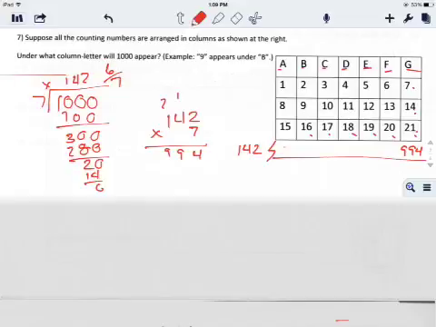And then on my last row, I'd have 995. I'm just going to write the 996, 997, 998, 999, and 1000.